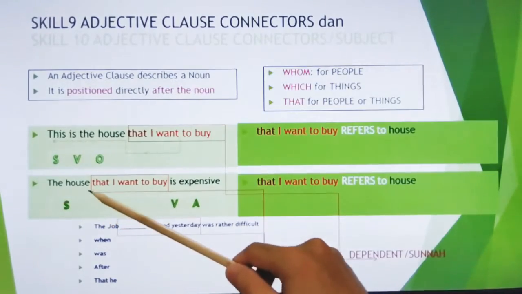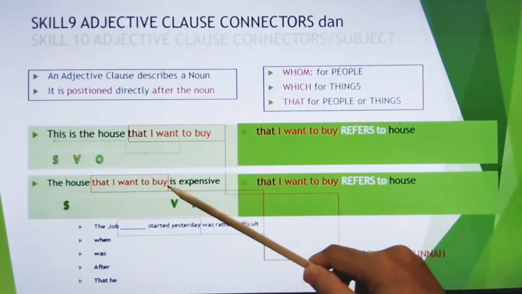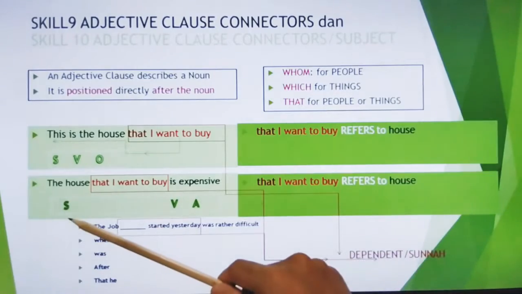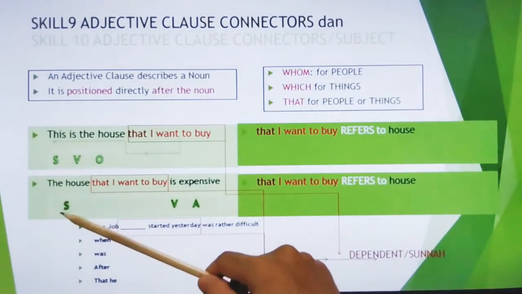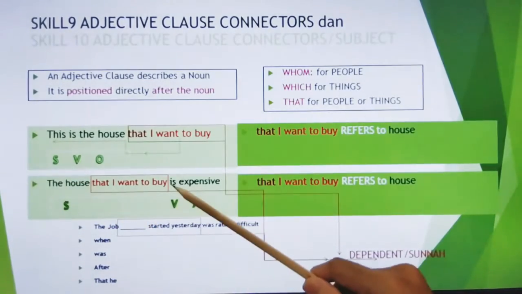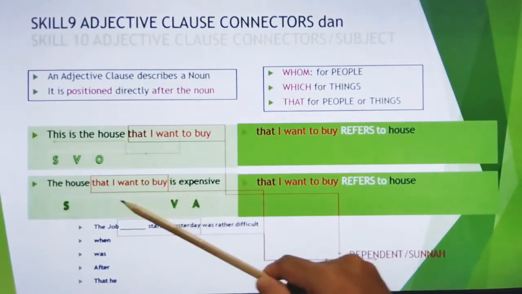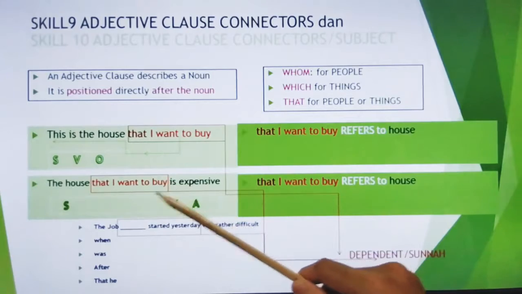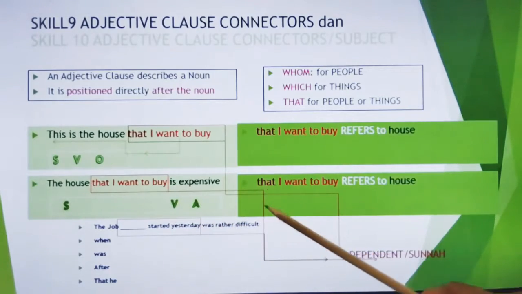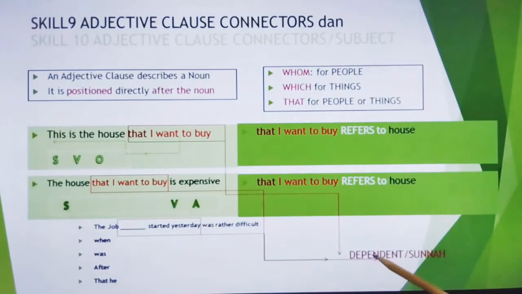The house that I want to buy is expensive. You should identify which one is the subject. This is the subject. Which one is a verb? This is a verb. Even though this is also a verb, it is dependent. Remember that: the red line, dependent, sunnah.